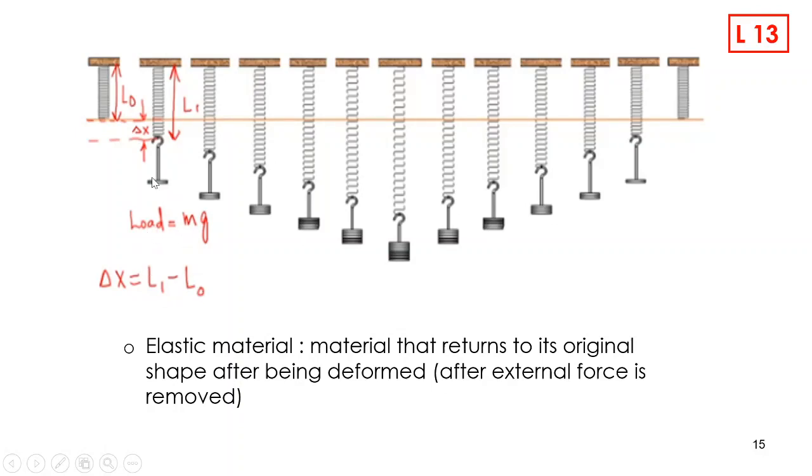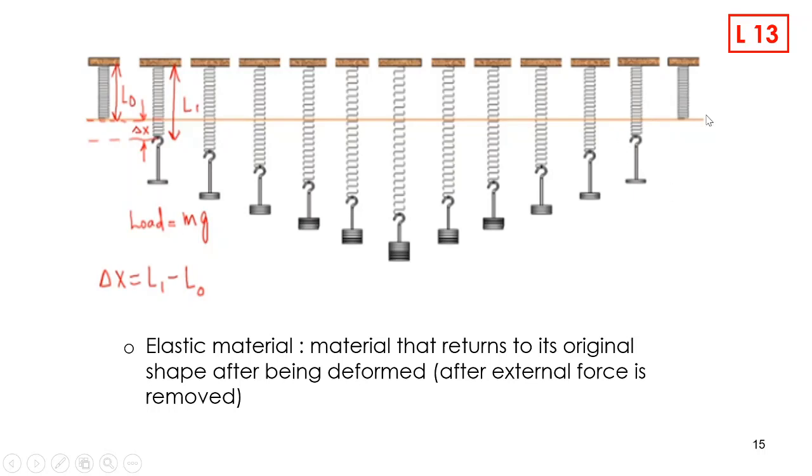The load that we have right here has a weight which is equal to mg, and we are increasing the slotted mass, and consequently the weight is also increased. So you can see that as we add the weight to the end of the spring, it is extended to a certain extent, and then we reduce the slotted mass until it's completely zero, and then we take out the weight at the end of the spring.